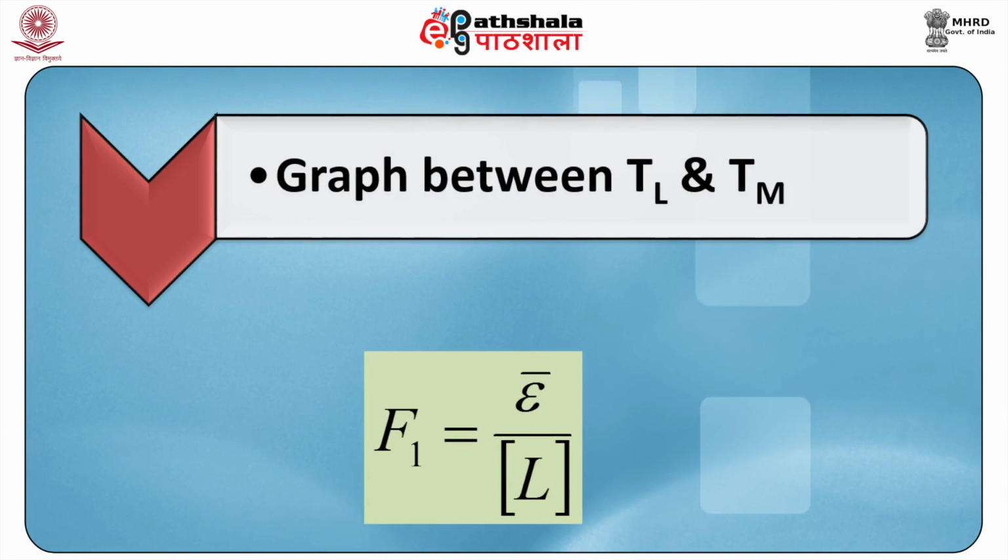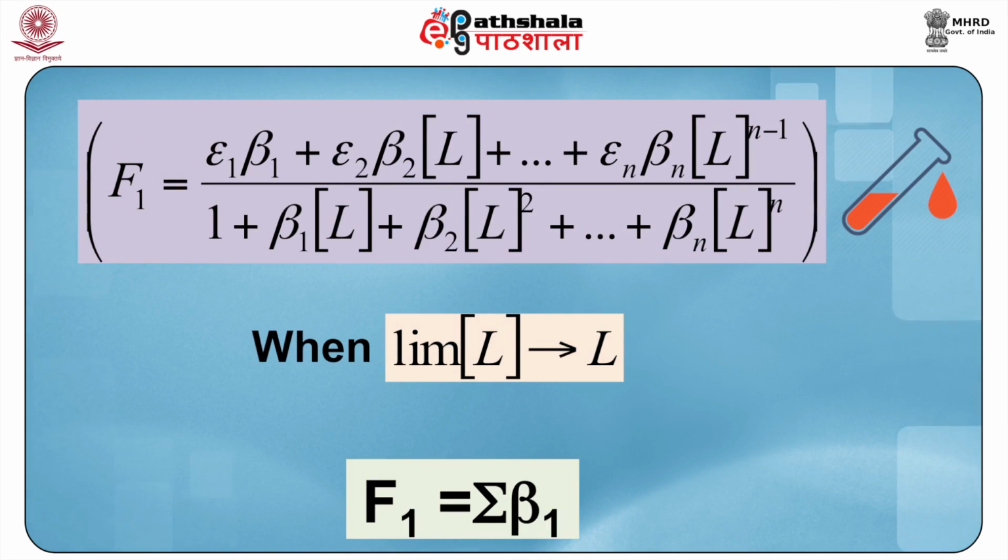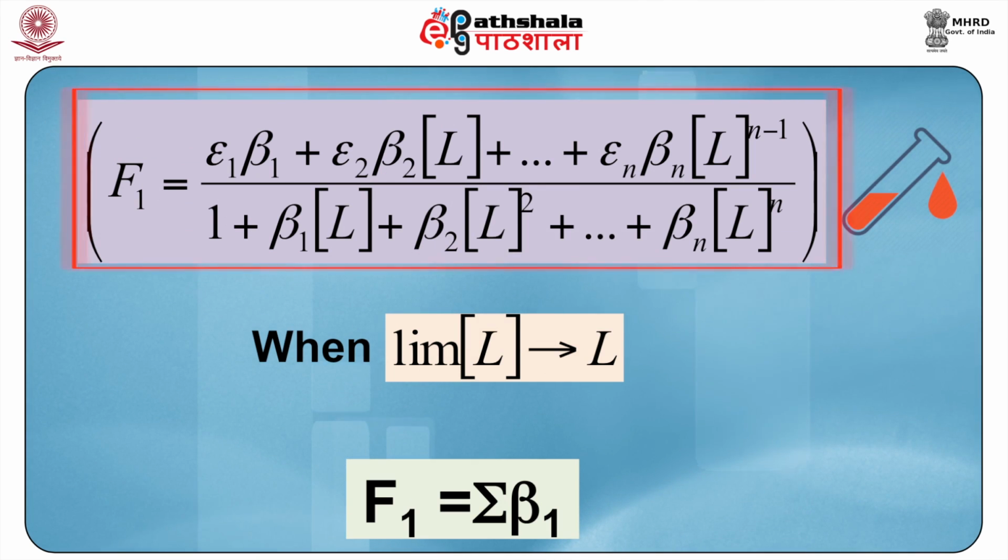When a graph is plotted between TL and Tm, we introduce a new function f1, which is given by the ratio of epsilon bar by the ligand L concentration. Substituting the values of epsilon bar and the ligand concentration, we arrive at this equation.